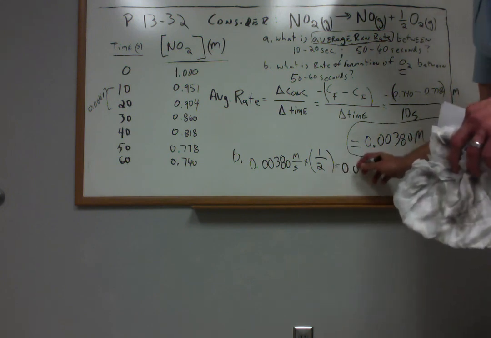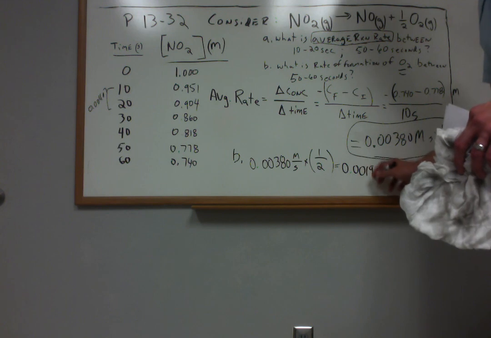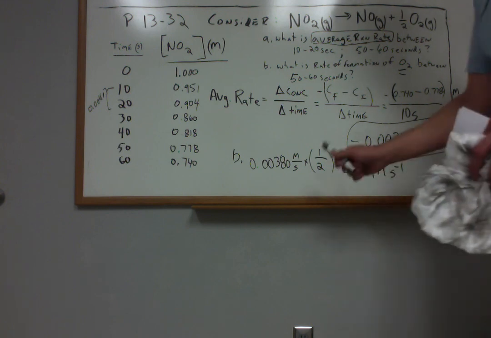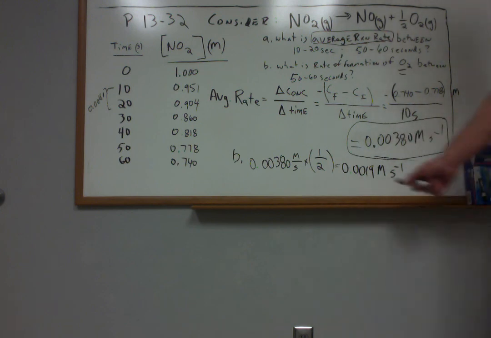So in this particular example problem, that would mean our oxygen forms at a rate of 1.9 millimolar per second, or 0.0019 molar per second. So it's pretty straightforward, hopefully. Hopefully you can all see that, okay? These are easier type examples from this chapter on kinetics.